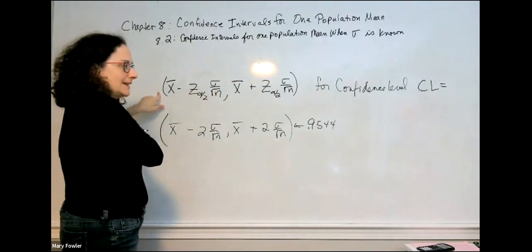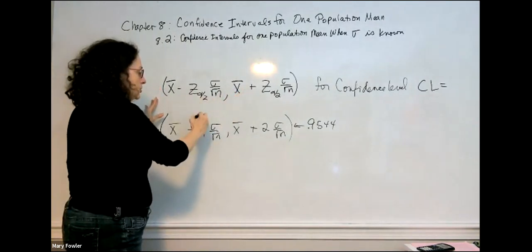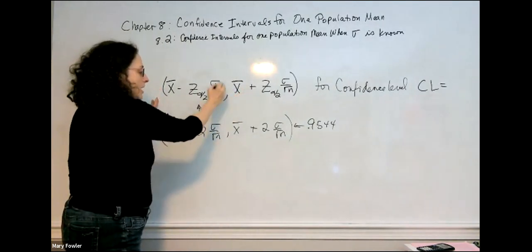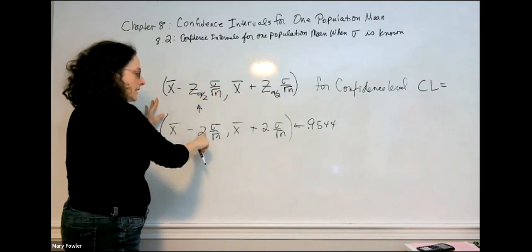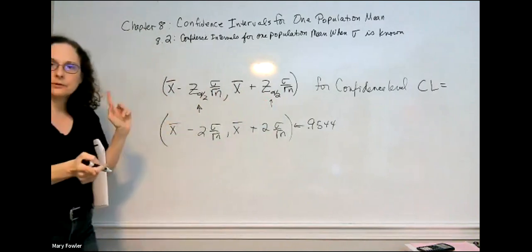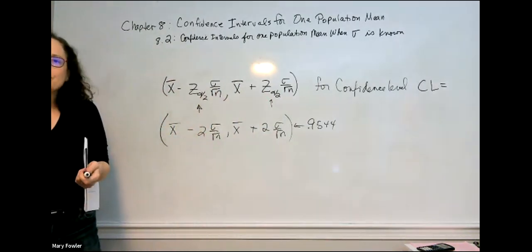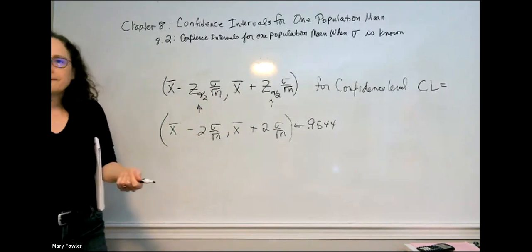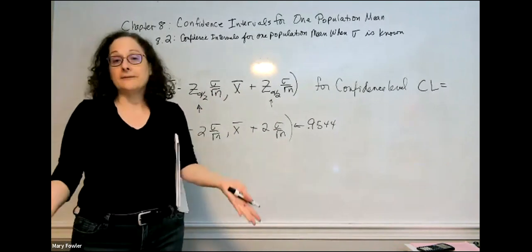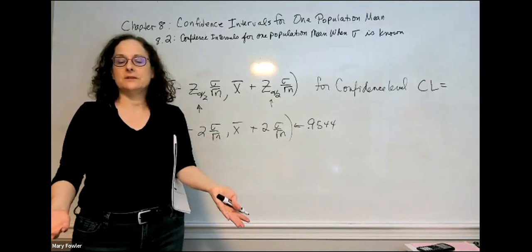And in order to get that confidence level to be just what I need, I'm going to adjust the coefficient of sigma over the square root of n, right? So it worked for the 3 values we were playing with for the empirical rule values. But in general, what I report to my clients is not a 95.44% interval, but a 95% interval or a 99% interval, sometimes a 90% interval.